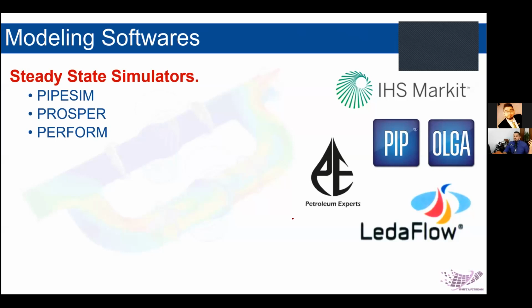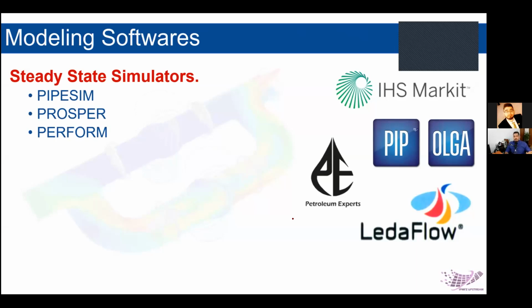So now comes the hard part: how to decide to model your production system using a given software. You have two different types of software you can use. You have either the steady state simulators, which assume the operational environment and operating conditions do not change with time.